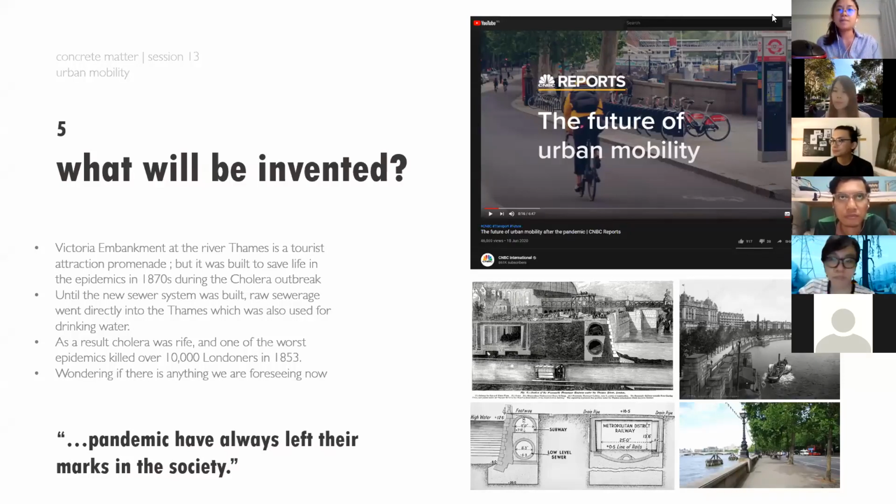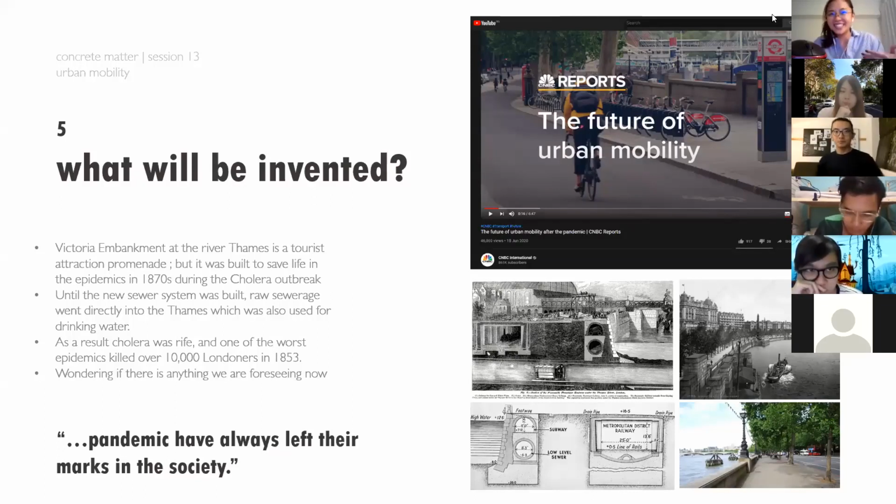But this embankment was built back in the 1870s during the cholera outbreak. Just to give a bit of history class over here: back then they didn't have a proper sewage system. So all the sewage went into the River Thames, and people drank water from this river as well. So it's like you're drinking whatever you're dumping in it. That's why the cholera outbreak. So this embankment was built to house the sewage system.